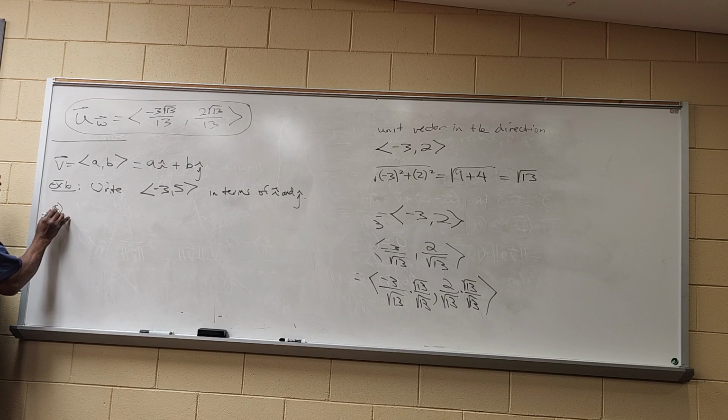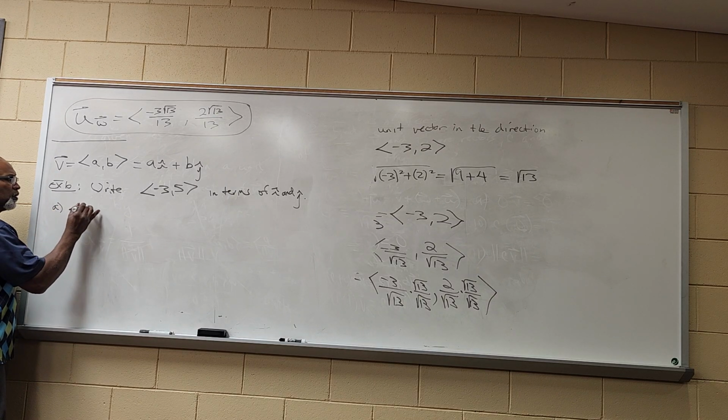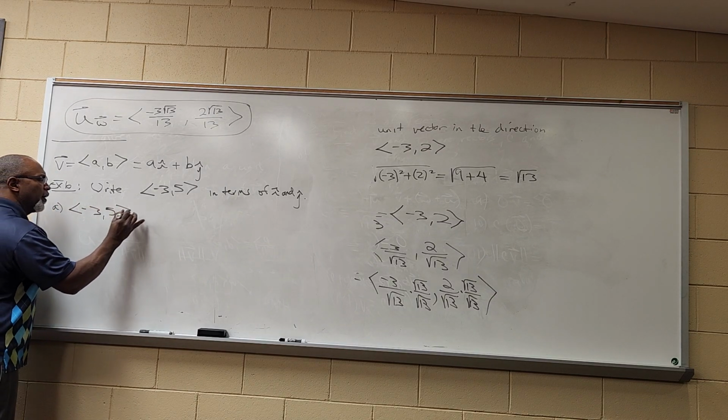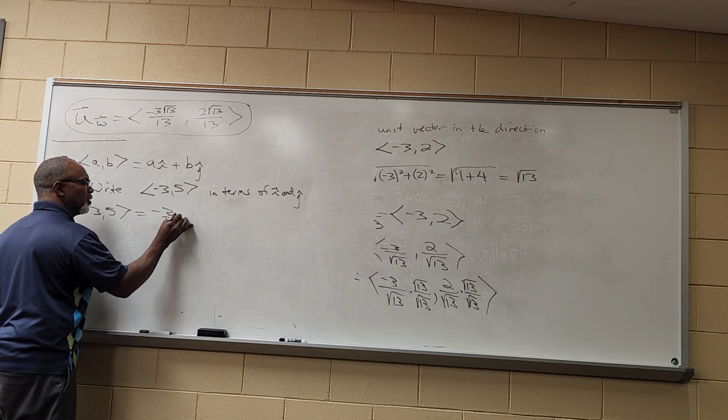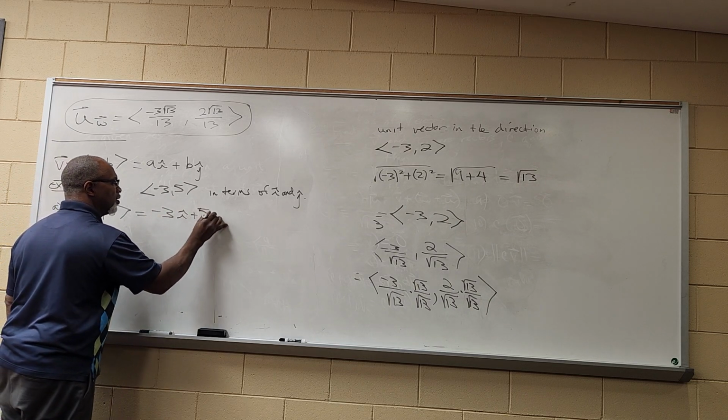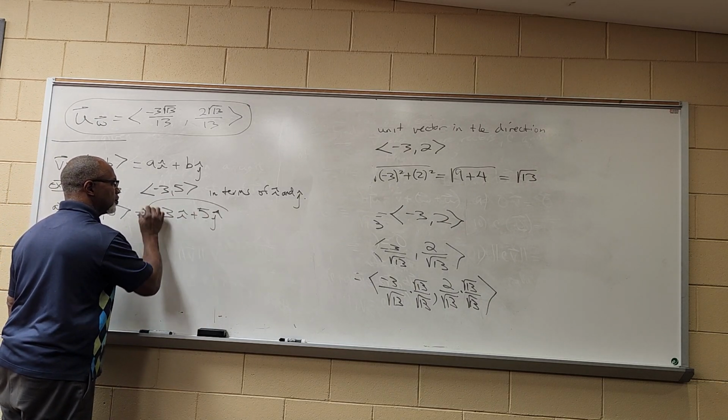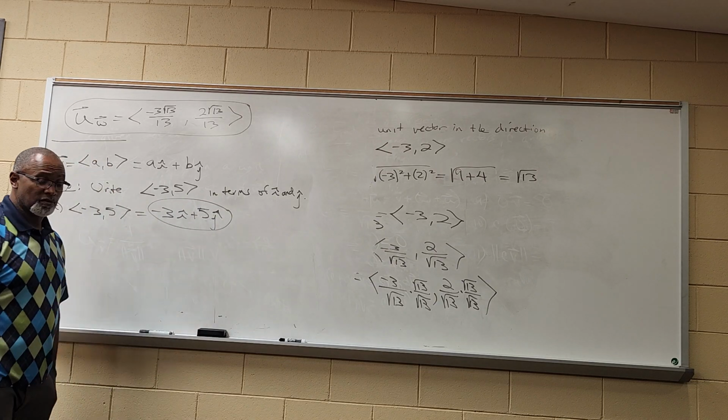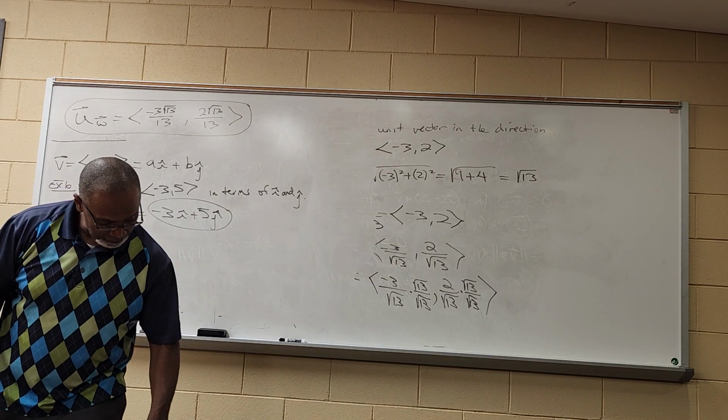Oh, that's easy. So negative 3, 5 equals negative 3i plus 5j. And again, i and j are vectors. Keep that in mind.